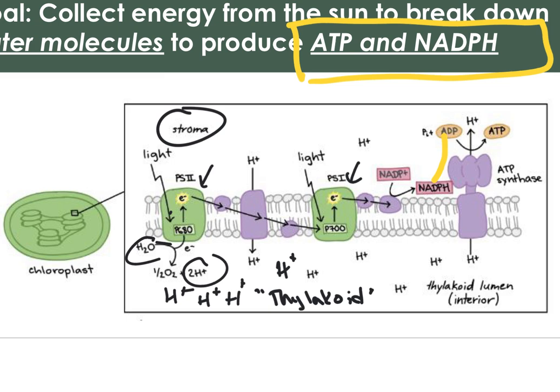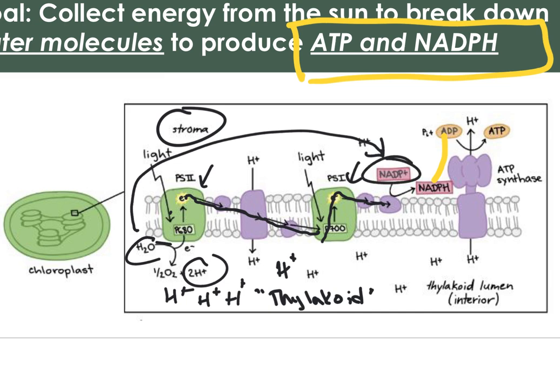Now that electron powers through, gets knocked with light again, and ends up transferring that electron that was from water into our high electron carriers, the NADP, all right? And when they become reduced with that electron, they become NADPH, and that's going to go into the Calvin cycle.